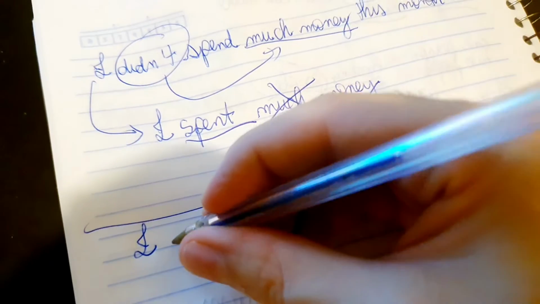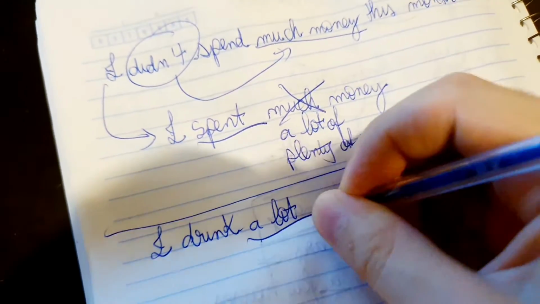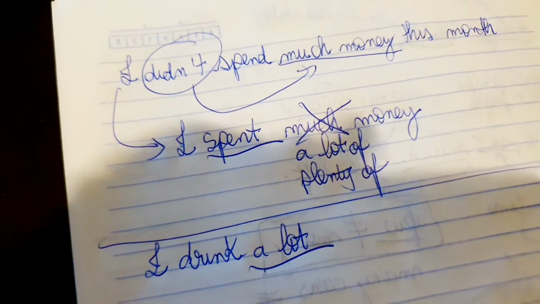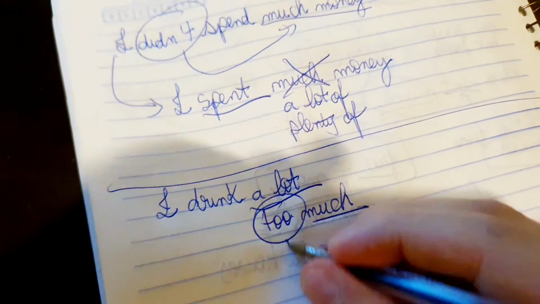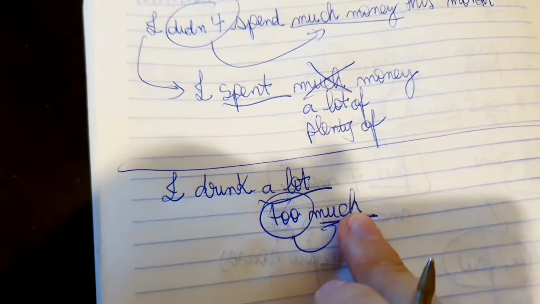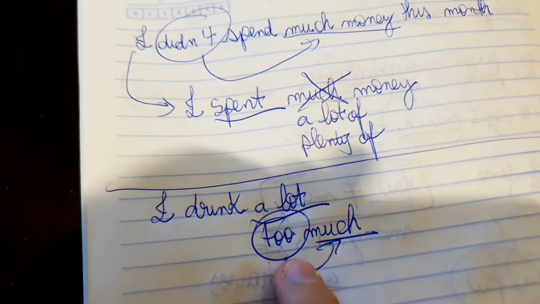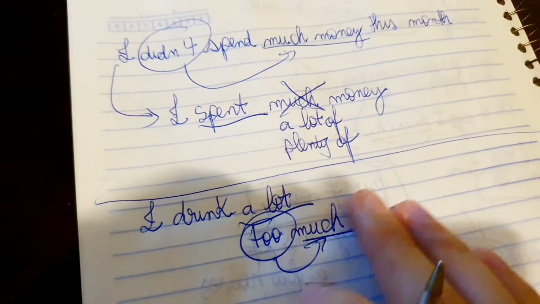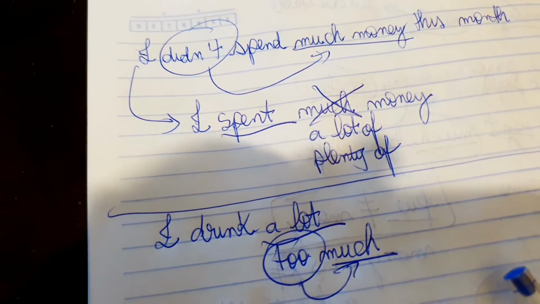I drink a lot. It means that I drink too much. Yes, you can use much in affirmative sentences with this adverb too, which emphasizes the meaning, reinforcing the meaning of much. I drank too much, for example, yesterday, and now I have a terrible hangover.